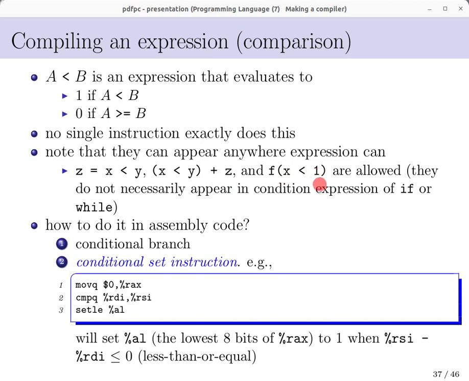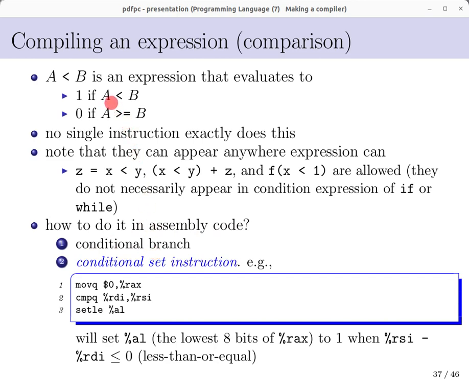So it ends up with calling f with argument 0 or 1 depending on whether x is smaller than 1 or not. So you have to consider how to do this in the assembly code. One way you can do it is to use a conditional branch.